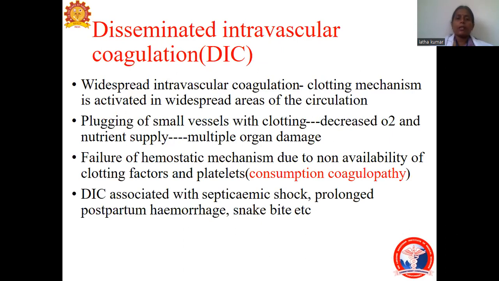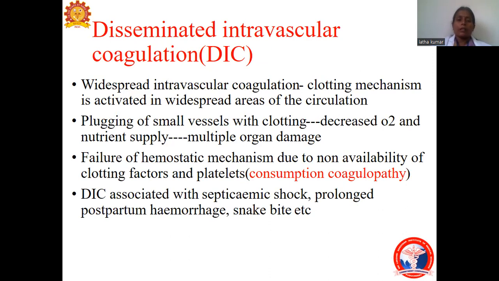So next, disseminated intravascular coagulation. It is nothing but widespread intravascular coagulation. This leads to plugging of the small blood vessels and finally leads to multiple organ damage.